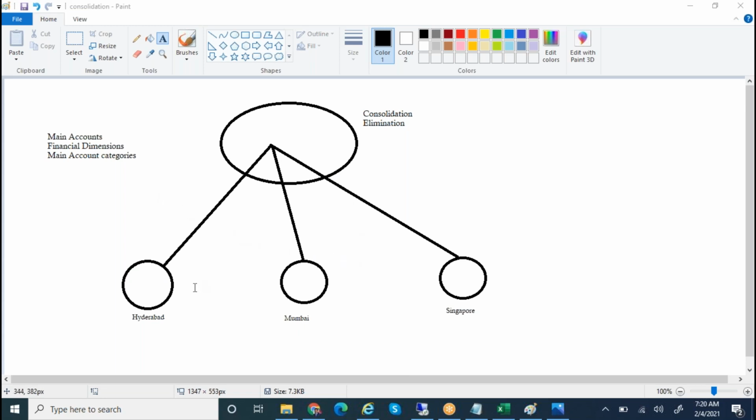Okay. So in some companies, what the structure will be there? There will be a parent company. For this parent company, once it is created, from this we can create child companies. But in our Dynamics AX, we don't have a concept like this. We have independent legal entities.